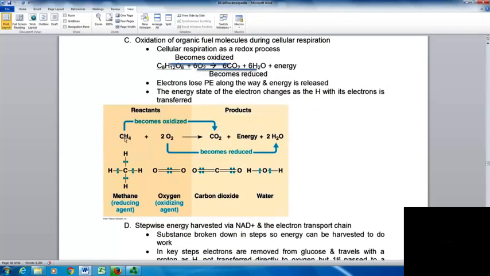Here, you've got methane, CH4, that becomes oxidized to become carbon dioxide, and the oxygen becomes reduced to become water. Down here, you can see where the electrons actually move during this reaction. I'm not overly concerned about you being able to follow where the electrons move necessarily. I do want you to remember, though, that redox reactions are involved in this.